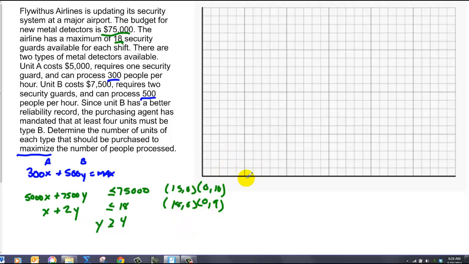And let's label these by ones, I guess. So it's 5, 10, 15, 20, and 5, 10, 15, 20. Going through, here's 15, 0, and 0, 10. Going to connect those 2 dots.